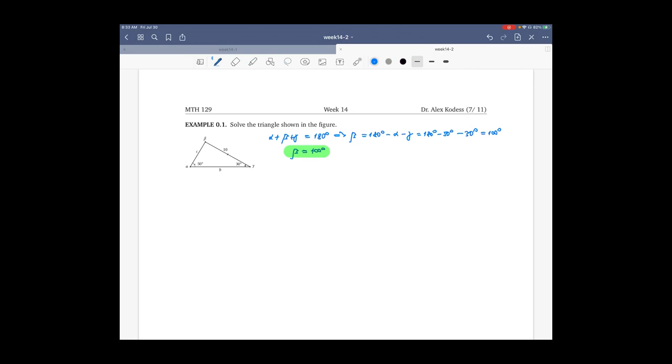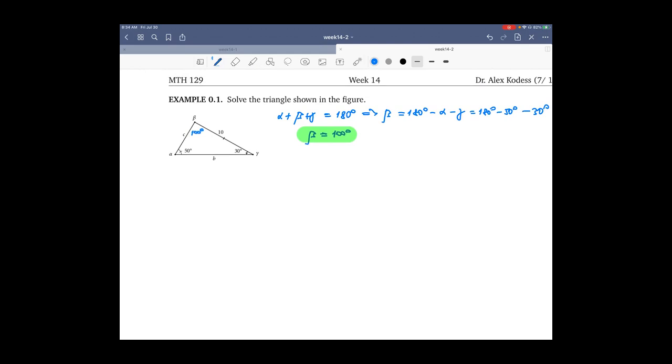Now we can find the side that we don't know, for example, by using the law of sines. Or law of cosines, it doesn't really matter, although law of cosines won't work here.